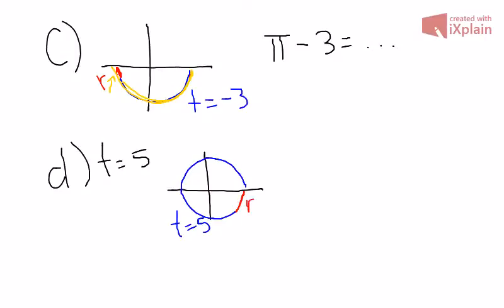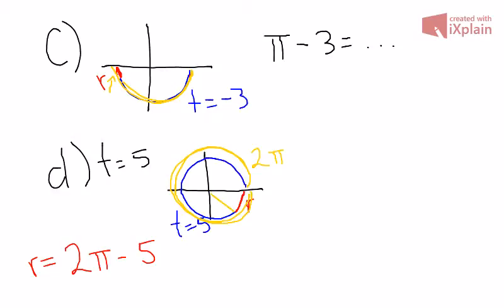For the next one, we have t equals 5, so we go all the way around. Now remember, this whole thing is 2 pi, right? 2 pi is close to 6, because pi is 3.14, so 2 of that is 6.28. Okay, so 5 is somewhere right in here.